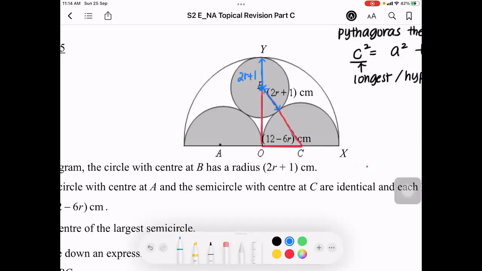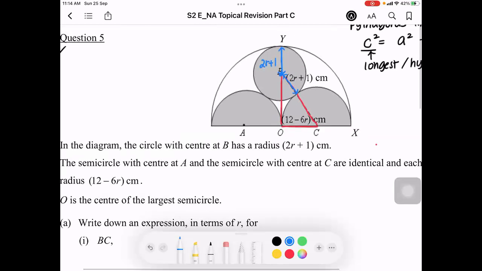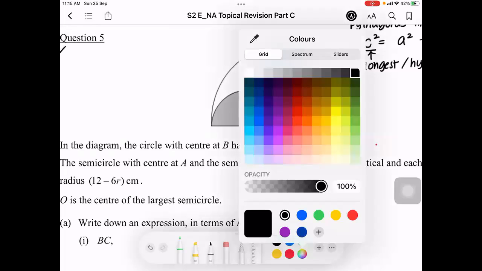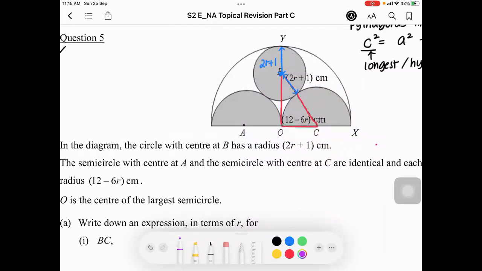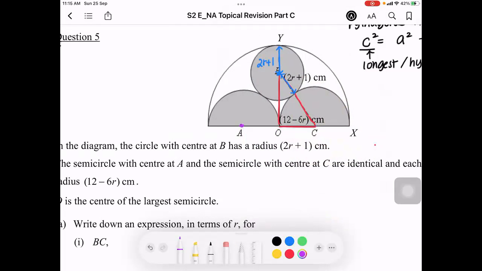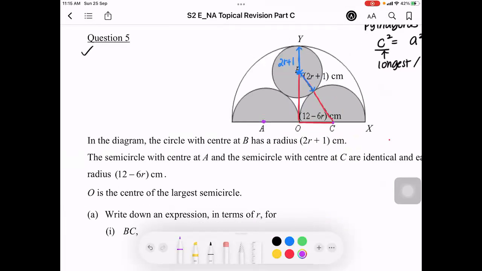Next thing, they say the semicircle with center at A. Let me change to another color. Purple. Center at A. So these two have the same radius, the semicircle at center A and the semicircle at center C. They are identical. The radius is 12 minus 6r.